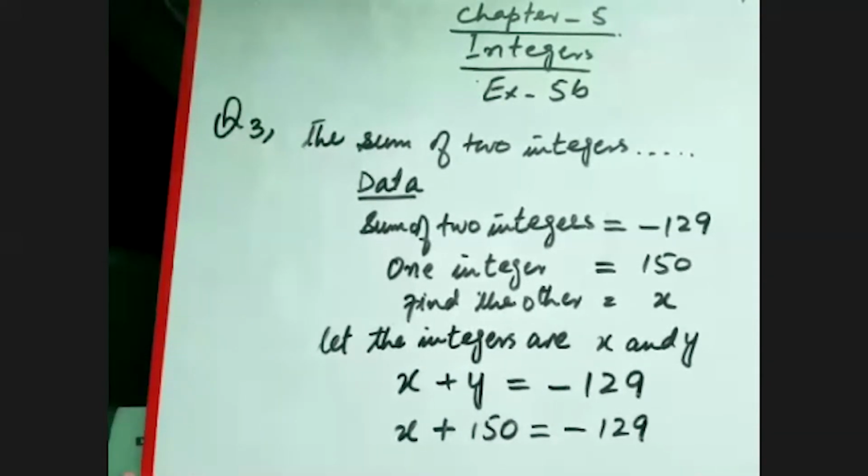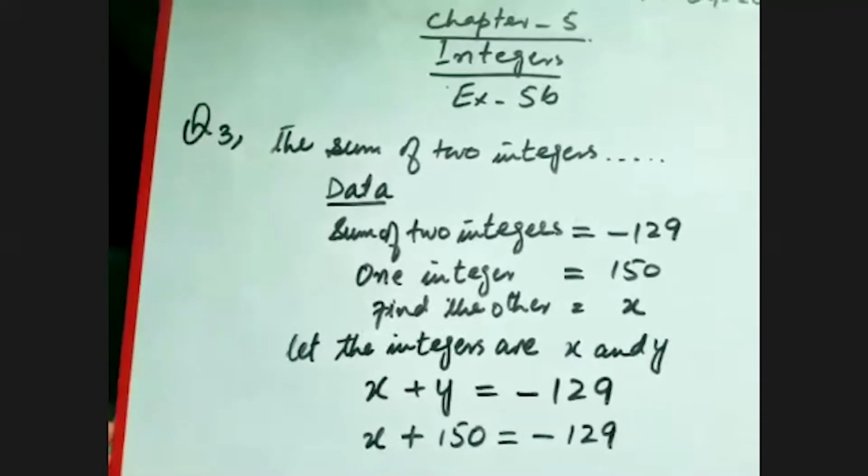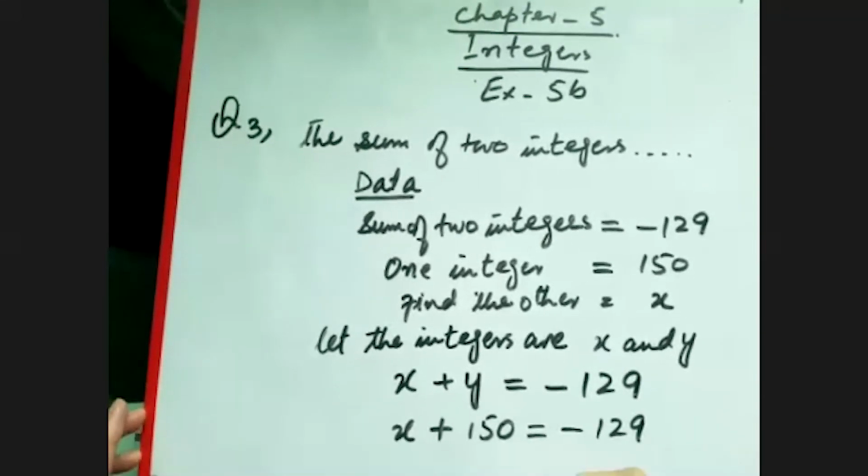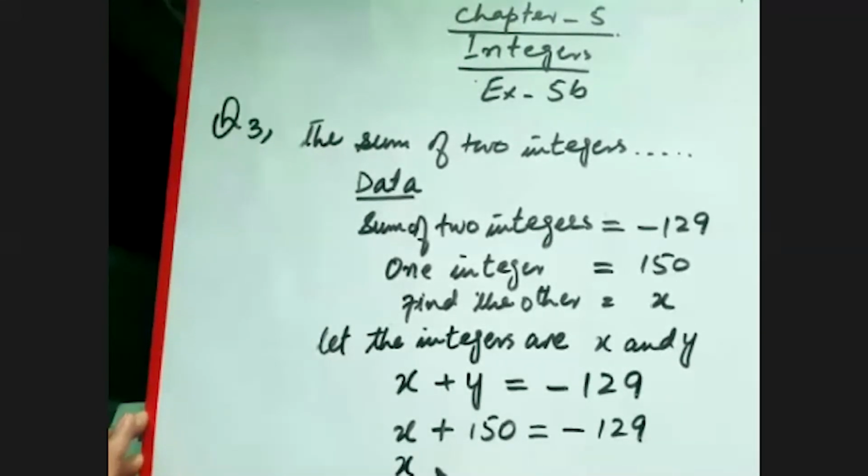Now change the sign of this integer. Plus 150 will move towards the right hand side with the opposite sign.